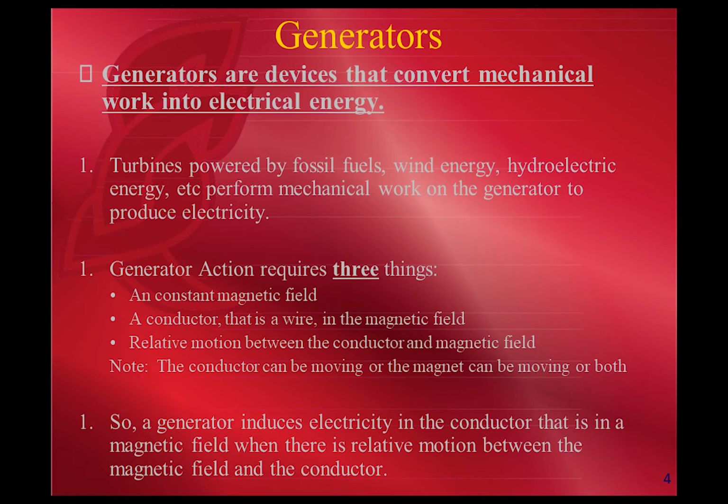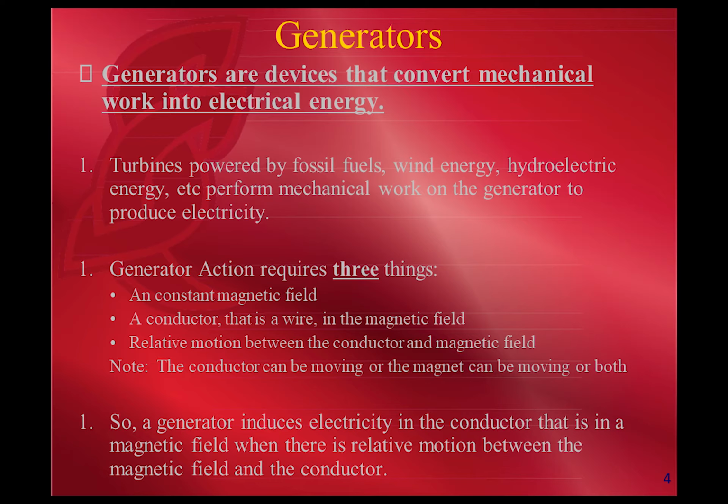For a generator to work, we need three things: a constant magnetic field, a conductor that is a wire in the magnetic field, and then there needs to be relative motion between the conductor and magnetic field. So note, the conductor can be moving or the magnet can be moving or both, but basically it has to create that thing we've already seen where there has to be a changing magnetic field.